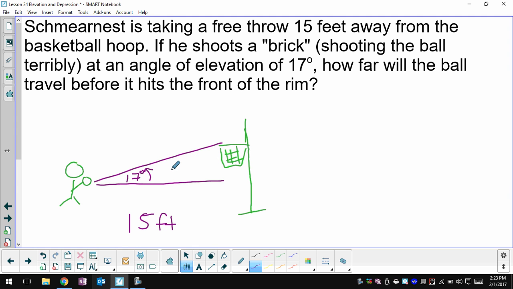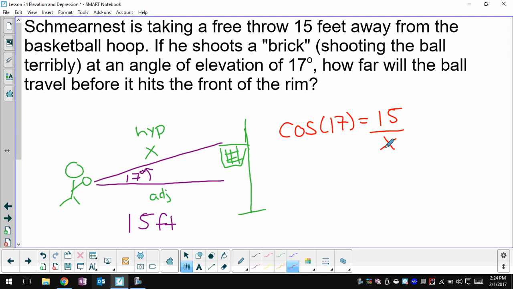And so we want to know how far the ball will travel before it hits the rim, doesn't go in, and Schmearnest doesn't get any points. So that would actually be the hypotenuse distance. So we have the hypotenuse as x. We have this is our adjacent side, we know is 15. So we're going to use cosine here. So the cosine of my angle of 17 is the adjacent over the hypotenuse.